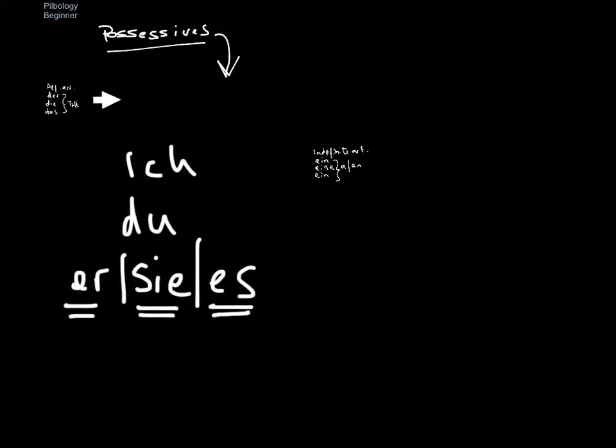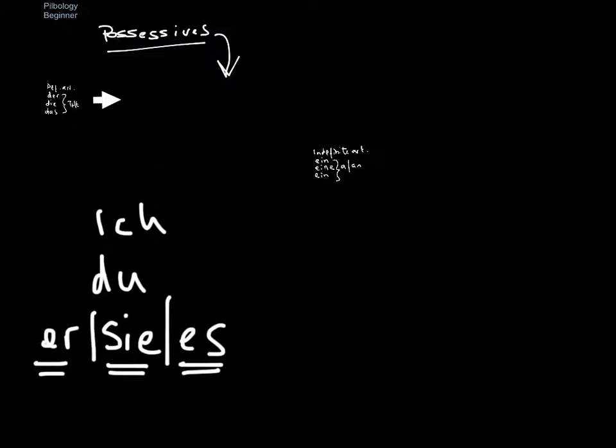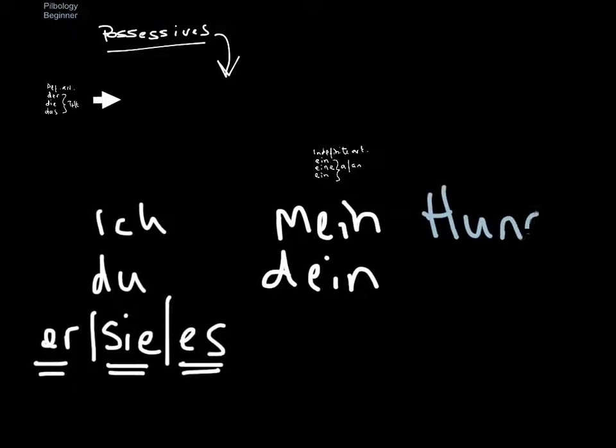So now with that in mind, a very similar rule applies. For the ich form, we would be using mein. For the du form, you would use dein. So, for example, if you wanted a masculine word like mein Hund, there is no ending change here.